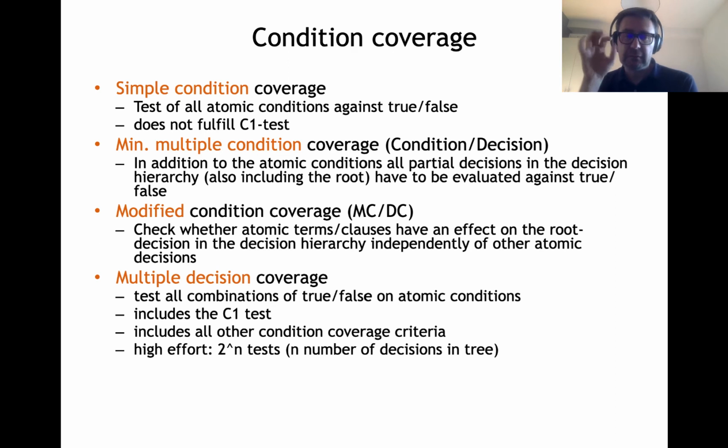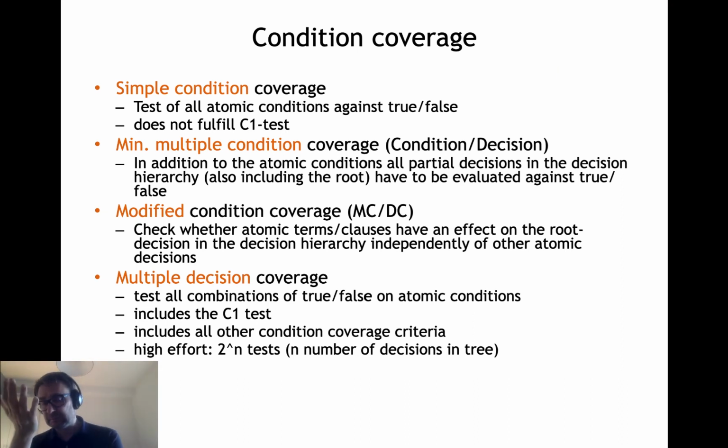And there you check the atomic terms, clauses, and you check that they actually have an effect on the root decision, right? So you don't focus too much on the in-between conditions. You look at the atomic conditions and the main thing. And you look at, have the atomic conditions affected the main decision, right? So modified condition coverage, MCDC, is a more practical form. It's better than simple condition coverage, but it doesn't reach the multiple condition coverage, which is to cover all combinations.